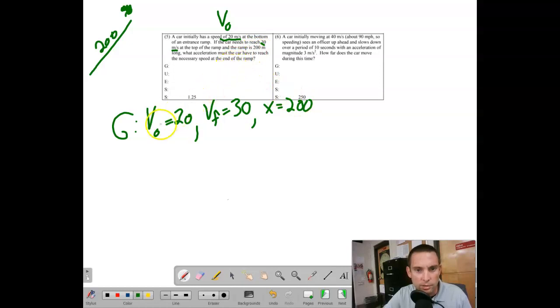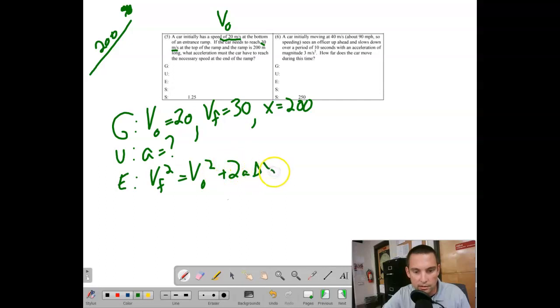What acceleration must the car have to reach the necessary speed? So that would make our unknown the acceleration. Our variables are v naught, vf, x, and a. We don't have time, so we're going to use the equation without time: vf squared equals v naught squared plus 2a delta x.